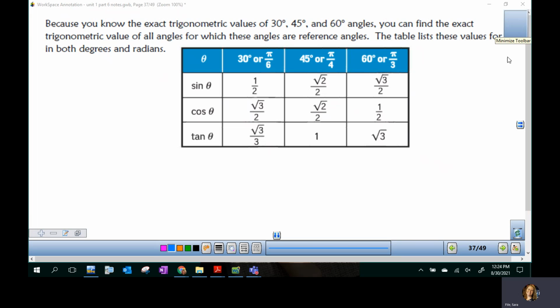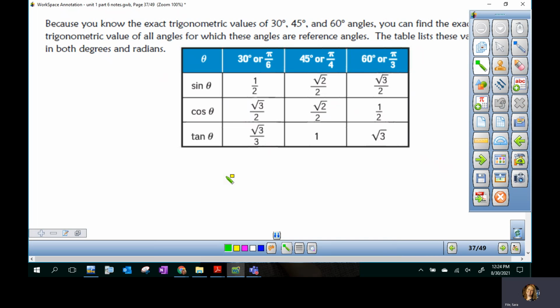All right. So like I was saying, last week we determined all of these values for sine at 30, 45, and 60, those three special angles. And we determined what the cosine was. And that was our ordered pair. This was x, and this was y.